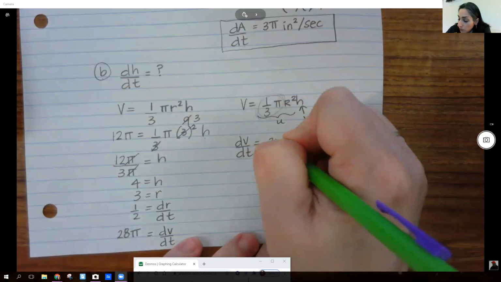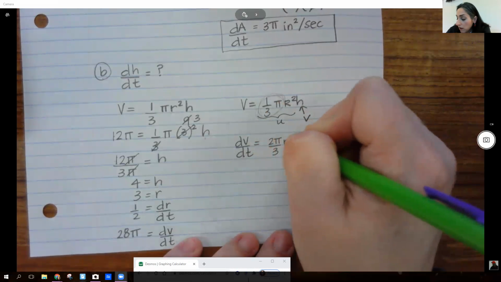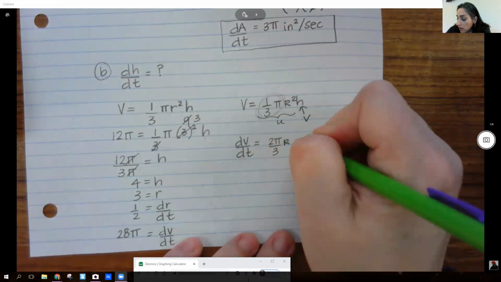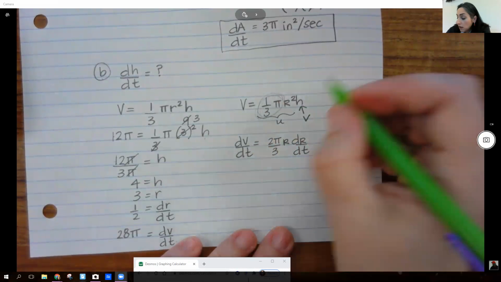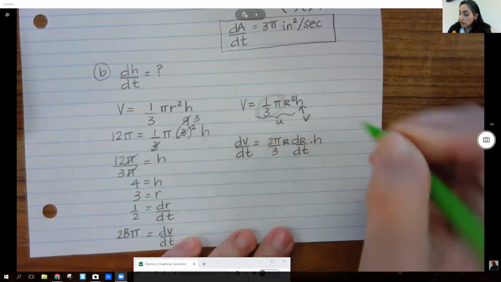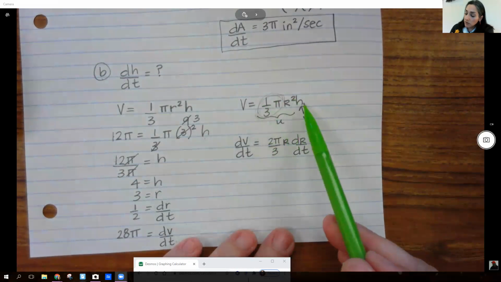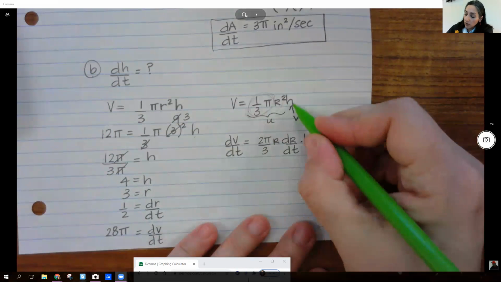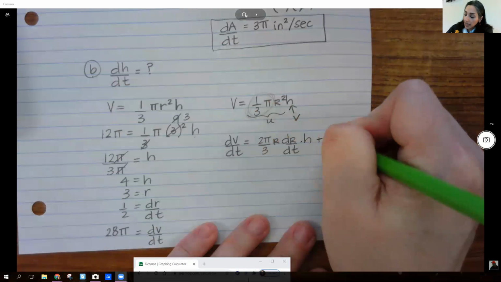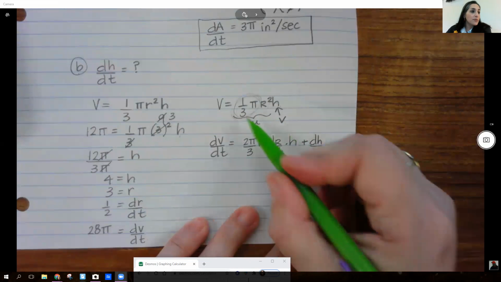So it'll be 2 pi over 3 r to the first power dr/dt times h. So this was u prime times v plus v prime, which is dH/dt, times u.